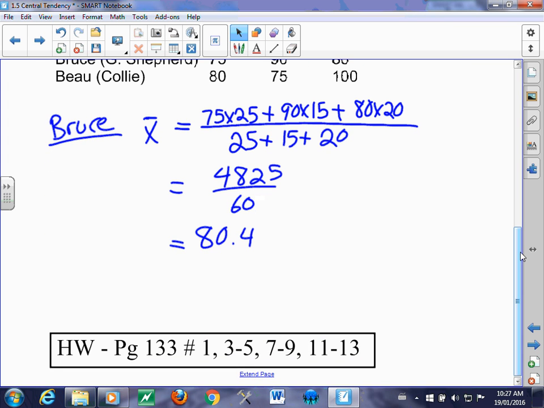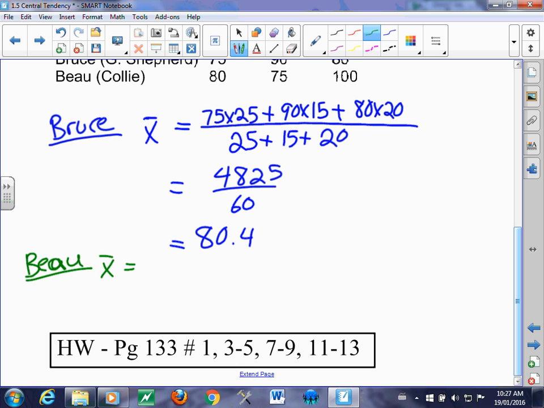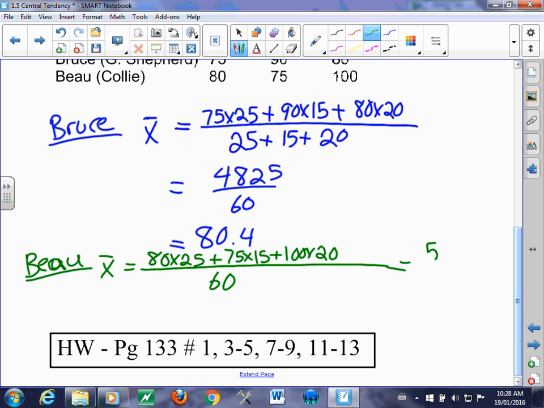All right. Need to fit in Bo here for a little bit of room, so I got to write it a little smaller. Okay, so for Bo, we're going to do the same thing. So it's going to be 80 times 25 plus 75 times 15 plus 100 times 20, all divided by the same total, which is 60. Okay. So get your calculators going.